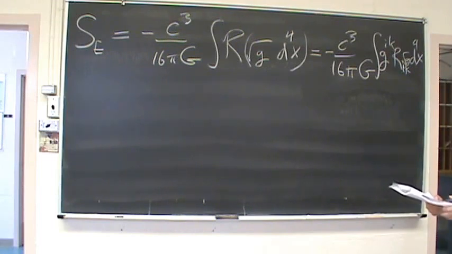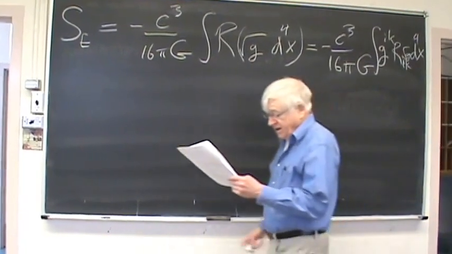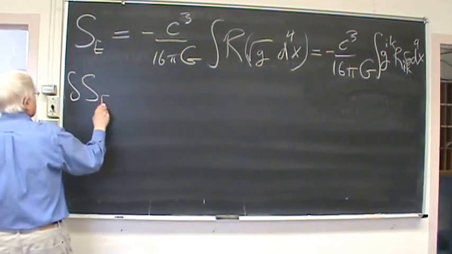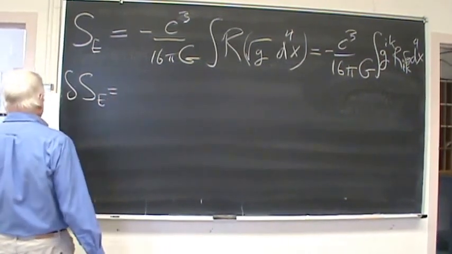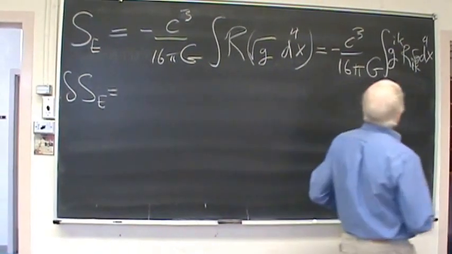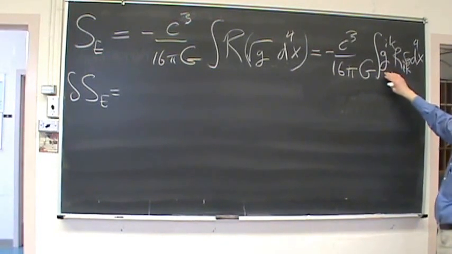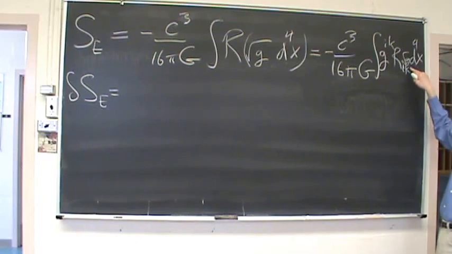Now, the way to get the field equations is to vary Gij, and so the variation of the Einstein action turns out to be quite simple. From here, you see that varying Gij is going to give us an Rik and a square root of g.